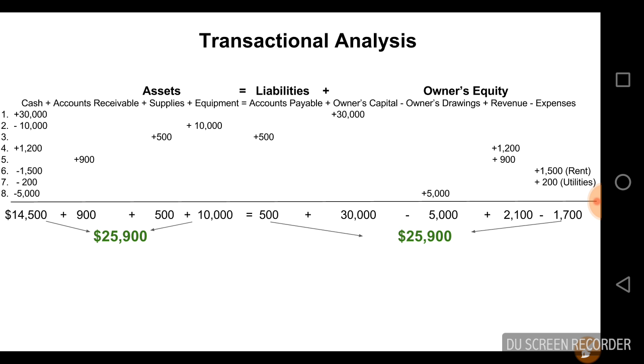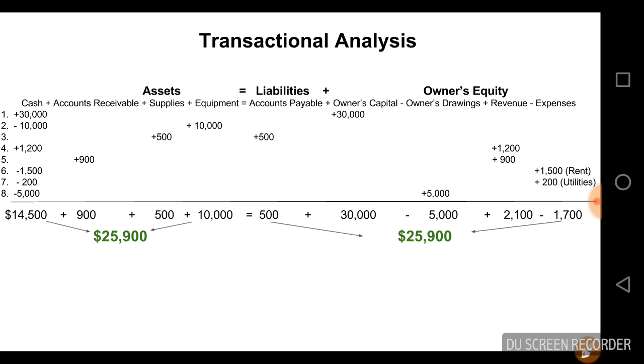So if we look at cash, it is decreased by $1,500, and if you look at the expenses, expenses increased by $1,500. All right, that will be accounted for as a rent expense. So that's a separate account, expense account, rent expense. You will have different account titles for all of your expenses.